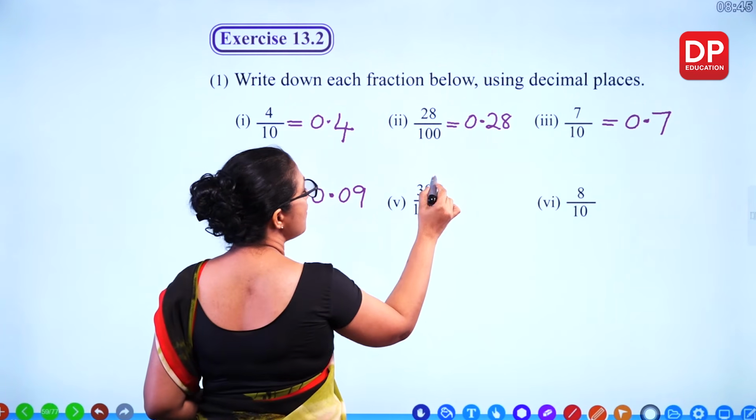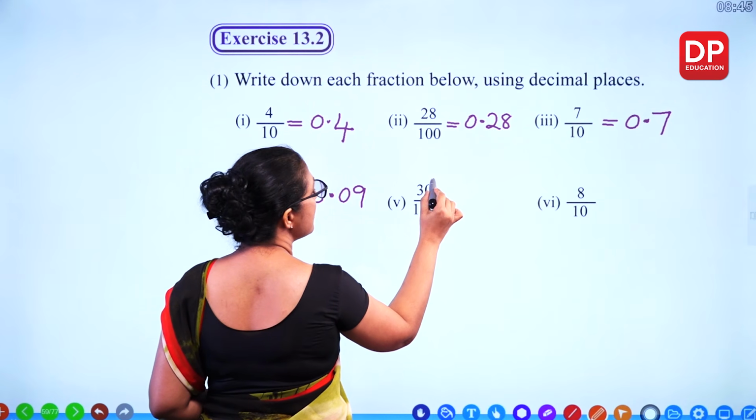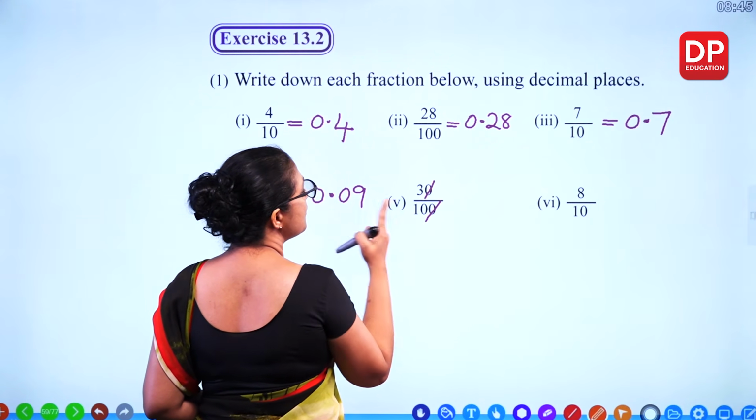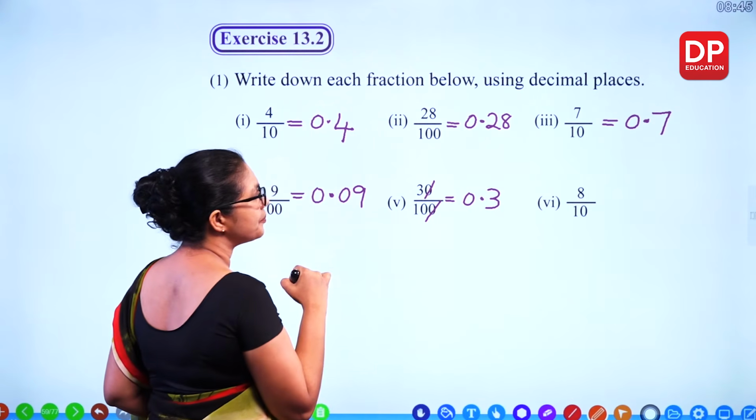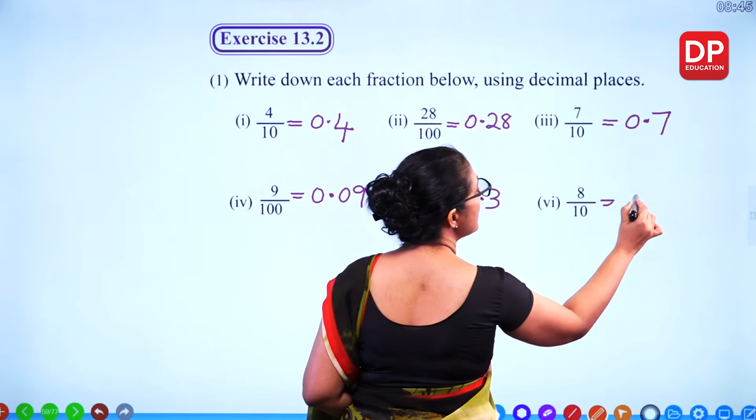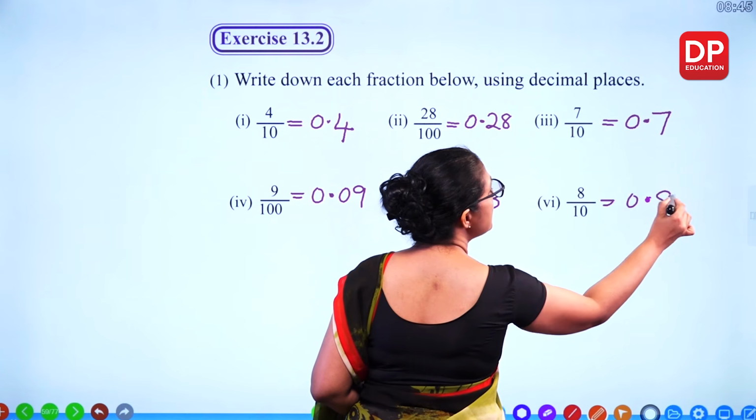So here I can divide by 10. 3 over 10, I can write 0.3. 8 over 10, I can write 0.8.